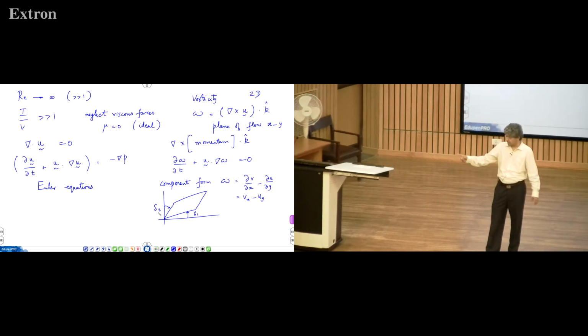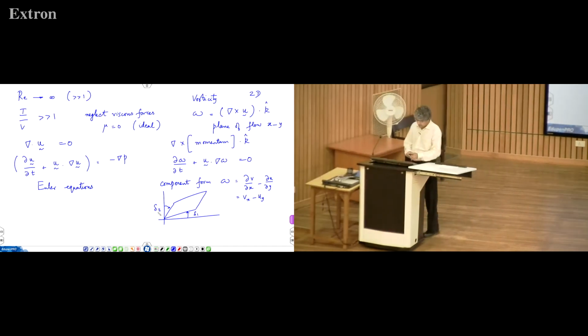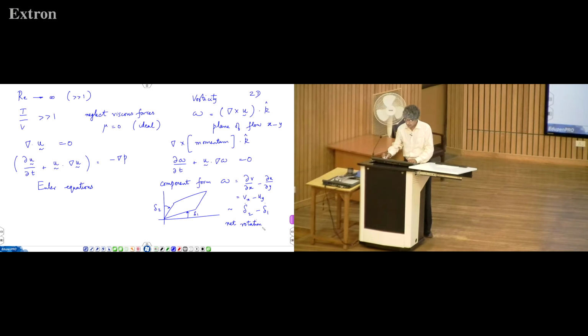But now, since it is a negative sign, delta 2 minus delta 1, this is interpreted as delta 2 dot minus delta 1 dot, which is the net rotation of the fluid element. This is not solid body rotation, it is the rotation arising from deformation, net rotation of the fluid element.